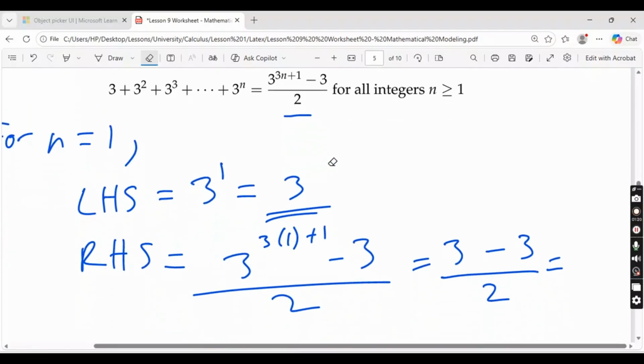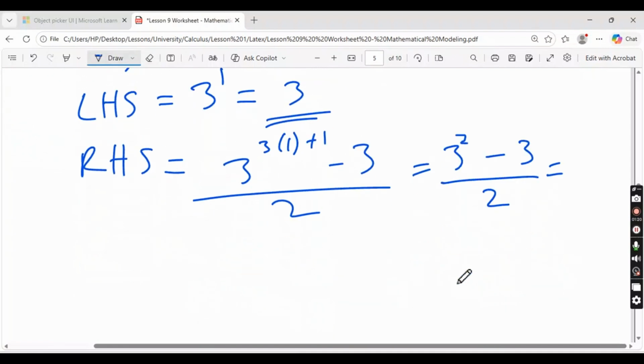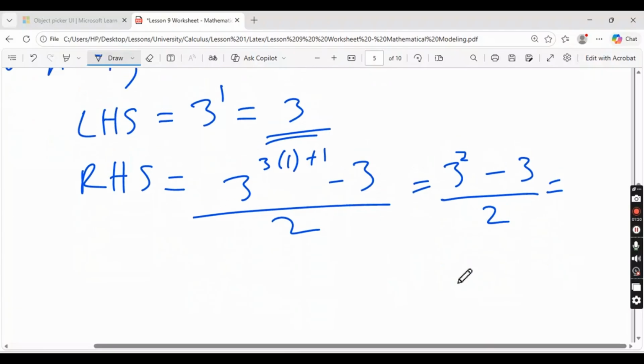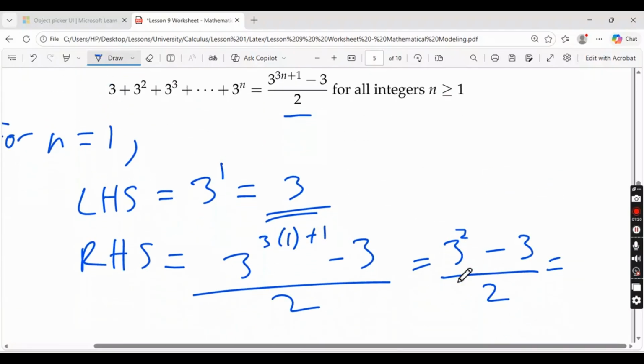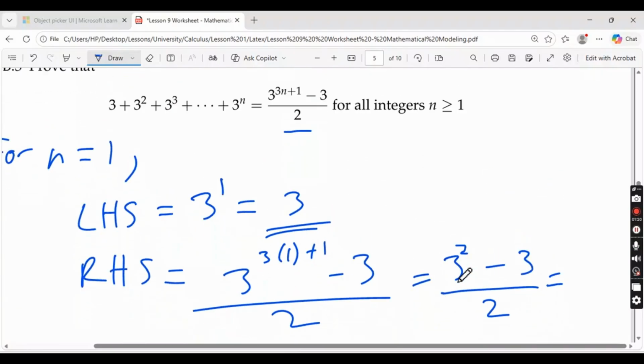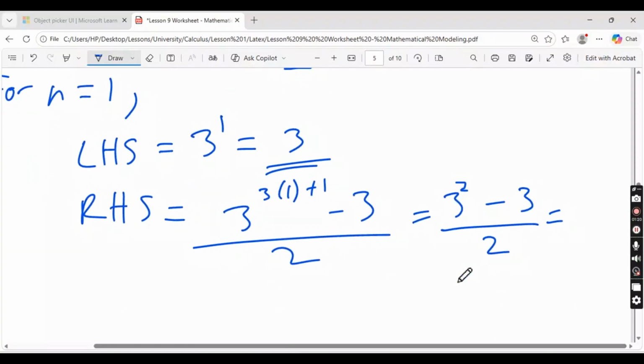If we put 2, what answer would you get? We'll get 6 or 3, because we'll get 9 minus 3, which is 6 over 2, which gives us 3.